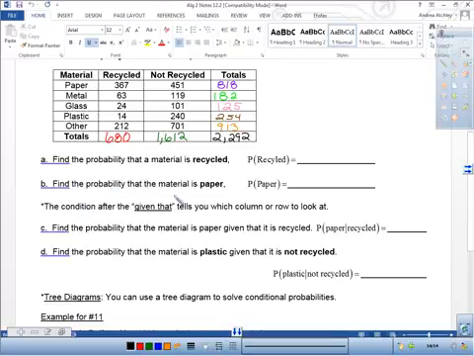Okay, so the first ones are just the basics. What's the probability of recycling something? We're going to use just the total of everything, which is 2,292, and the total of everything recycled, the 680. Any questions over that?